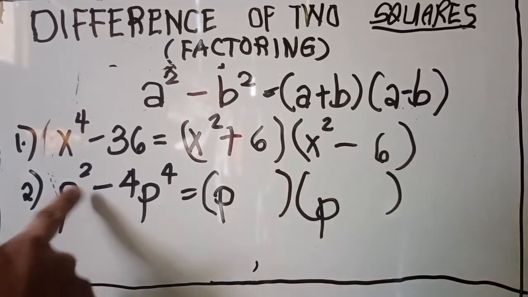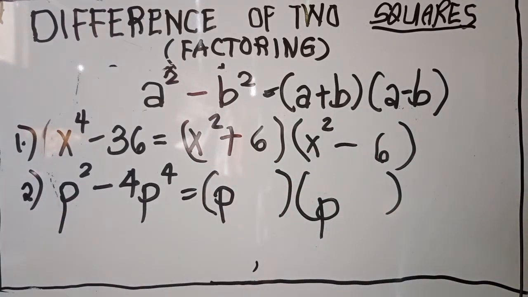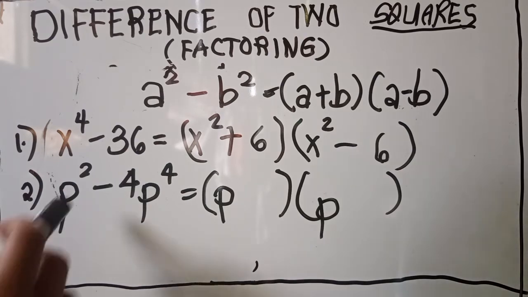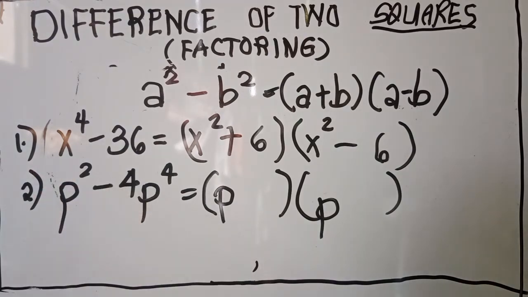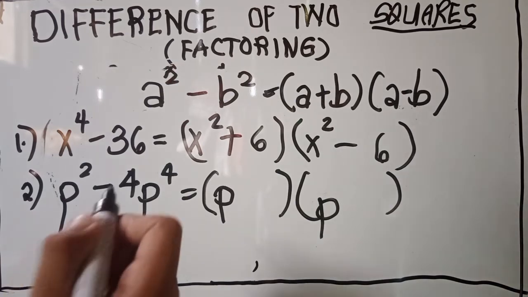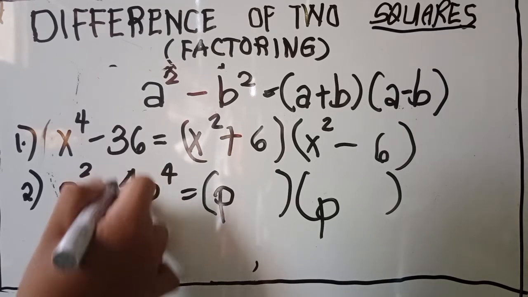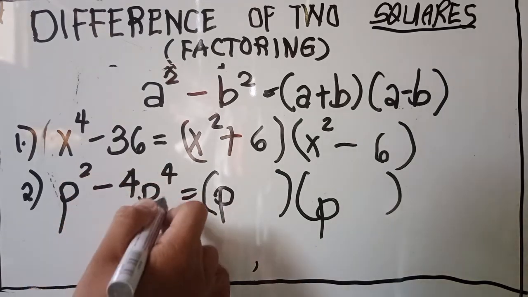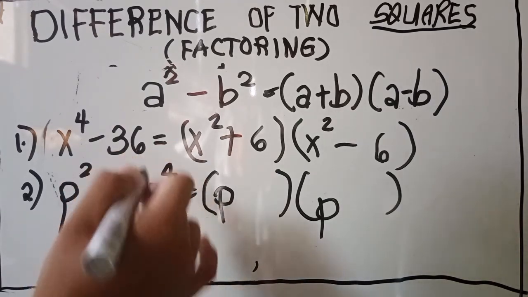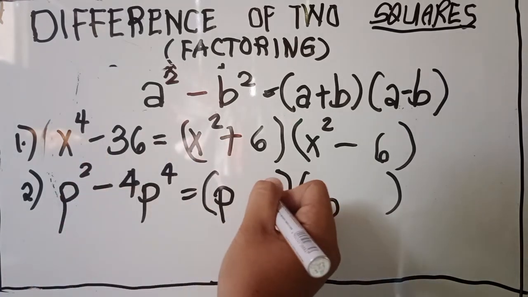We know already that to get the square root of p squared, just simply divide the exponent 2 by 2, then write the variable p. So now, 4p raised to 4. It's just the same with getting the square root of 4, the numerical coefficient, times getting the square root of p raised to 4. Square root of 4, that's 2.